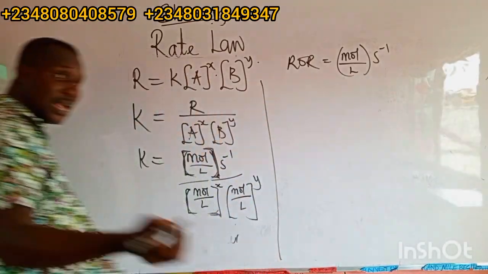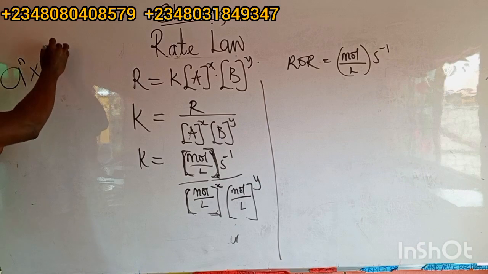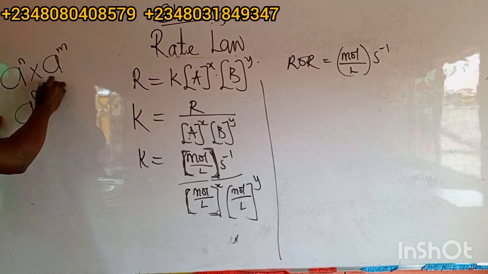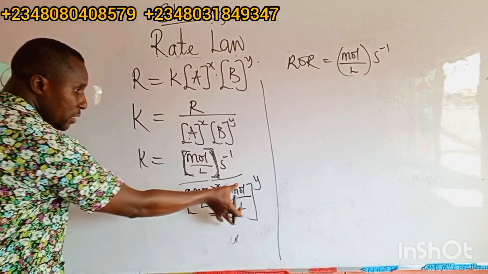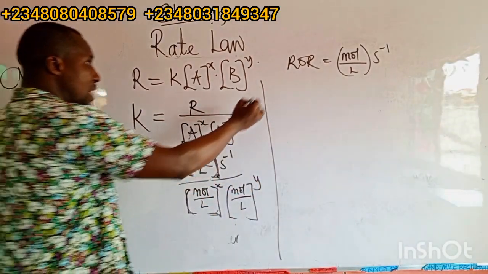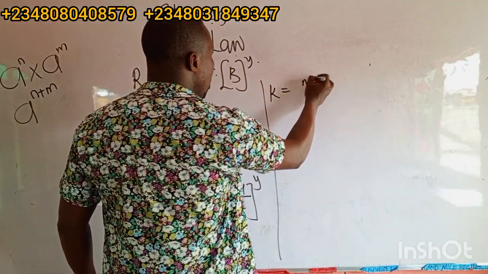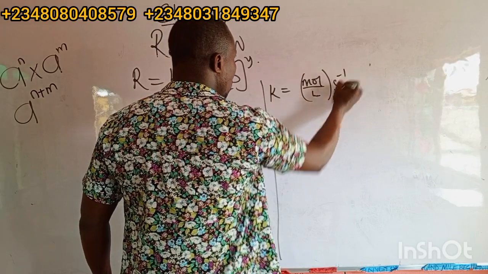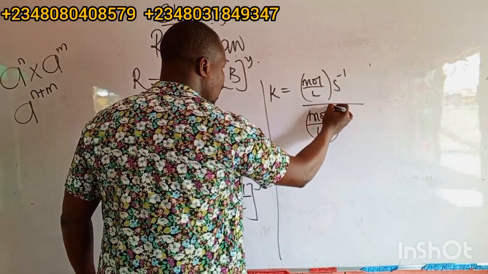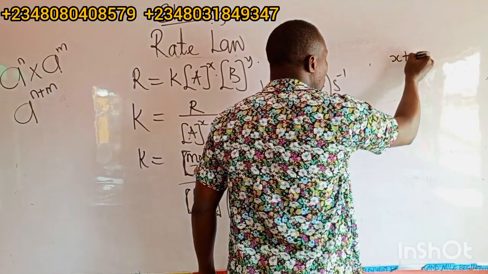Then from here, under the law of indices, when you have A raised to power X times A raised to power Y, they have the same base A, so we add the powers, X plus Y. Therefore, K will be equal to mole per liter per second over mole per liter raised to power X plus Y. And don't forget, what is X plus Y?